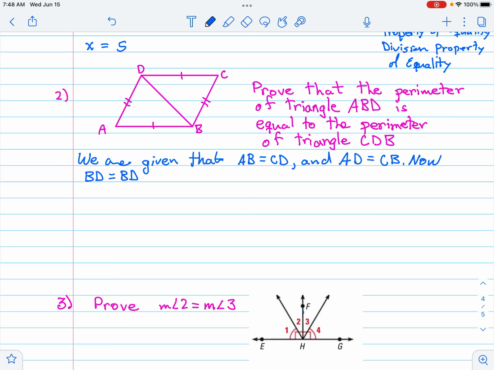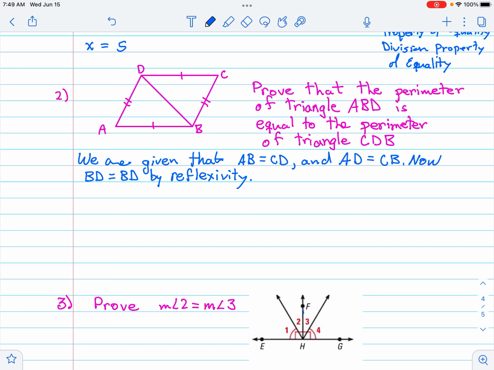You could say by reflexivity, in other words, by the reflexive property. Or you could just say the length of a segment is equal to the length of itself, or a segment is congruent to itself. You could say that.